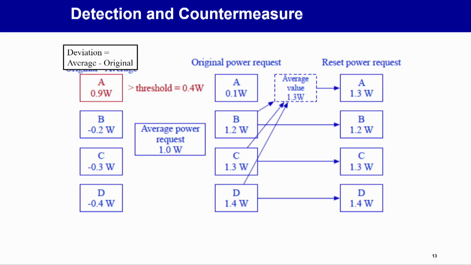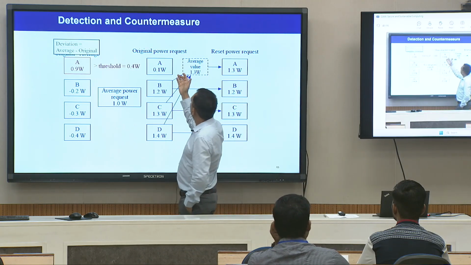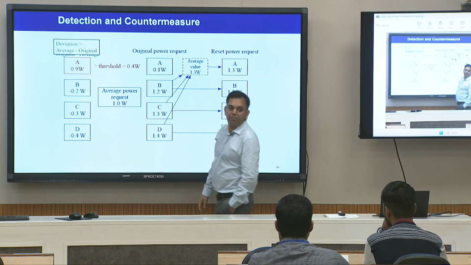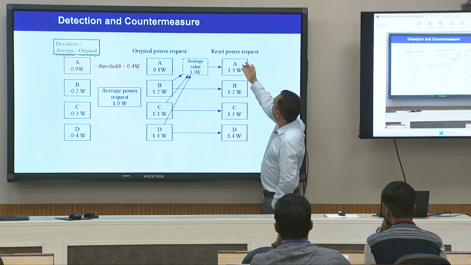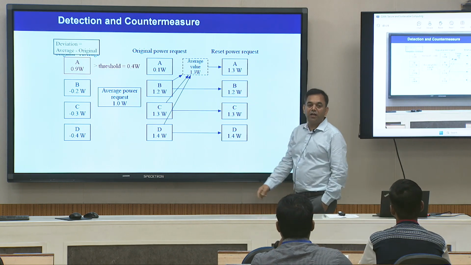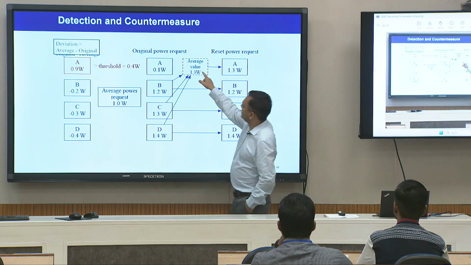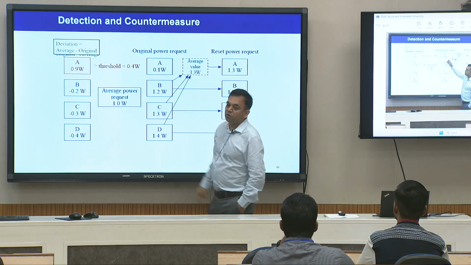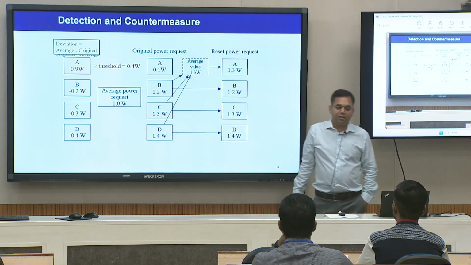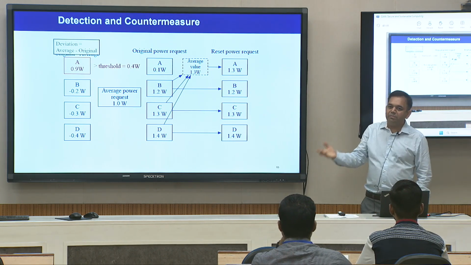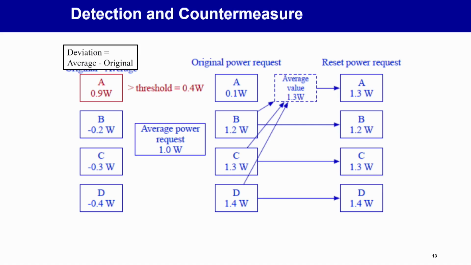So you can see this one was originally something, but it became infected, but then with some reset you can allocate higher. When you do this average in the defense, do not take the request power level of the infected core. So this is one very simple thresholding mechanism.